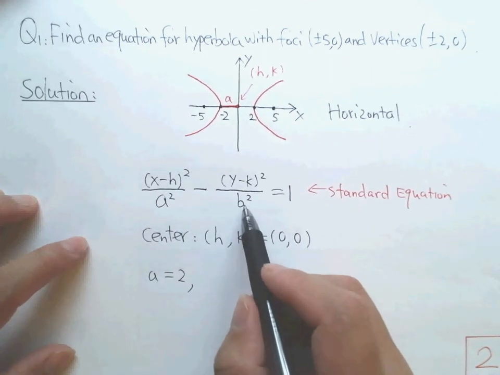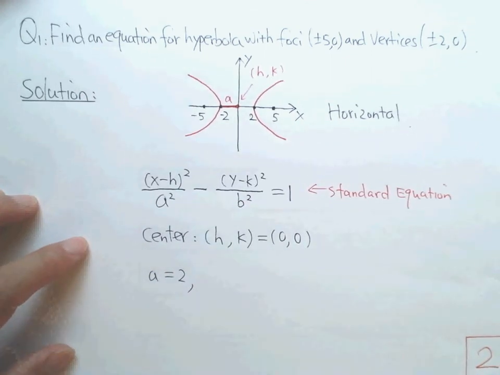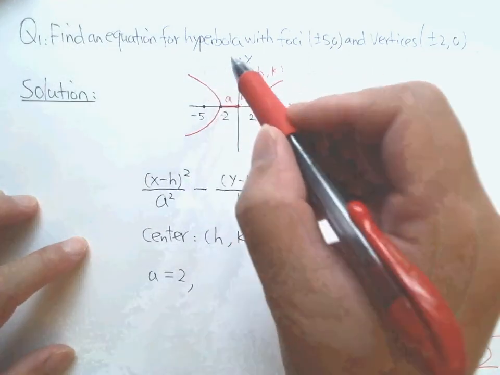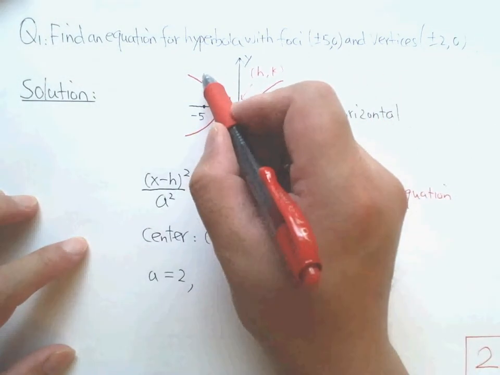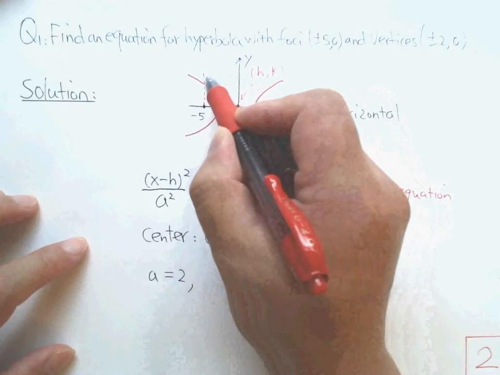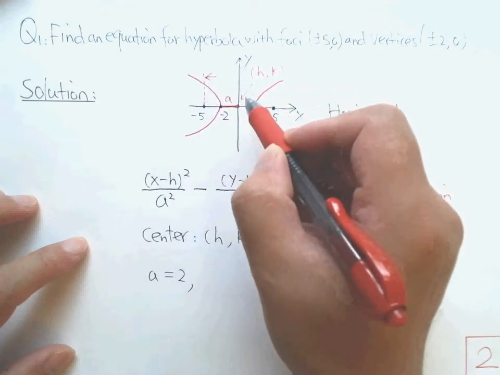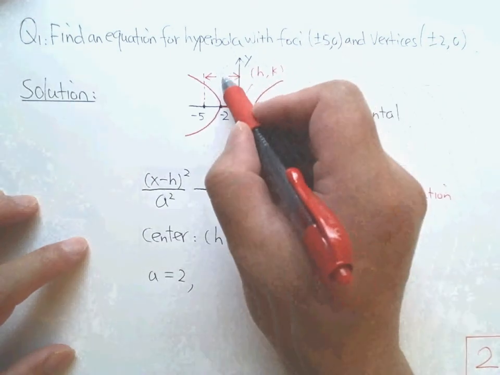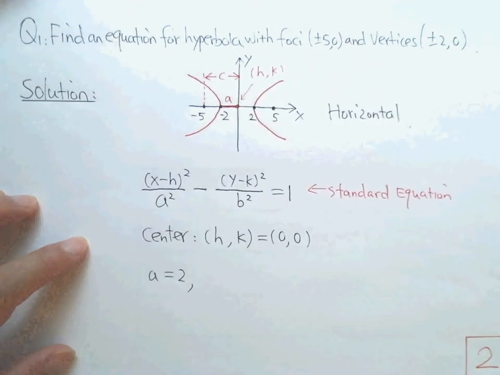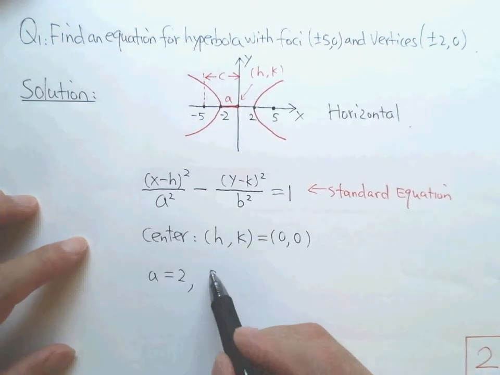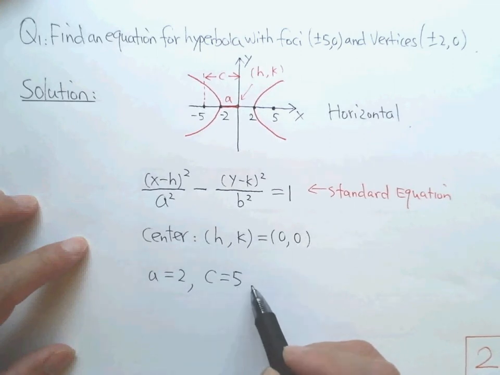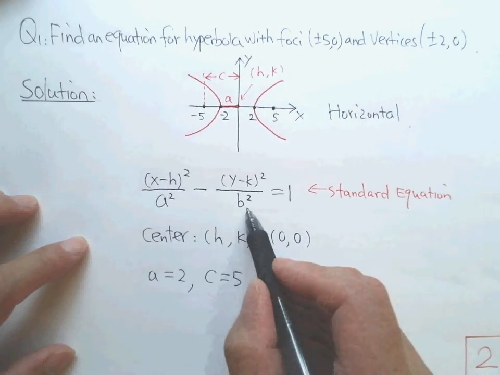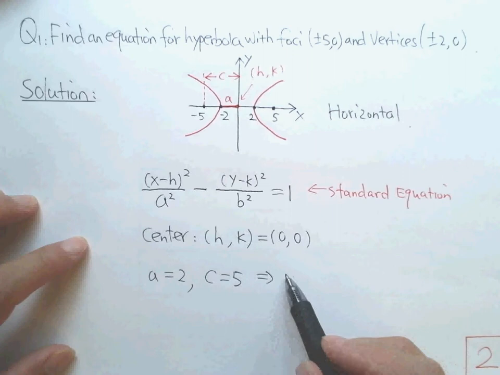We don't know b, but we do know c, and then we use the relationship. C is the distance from the center to any of the foci, and c is 5, definitely.